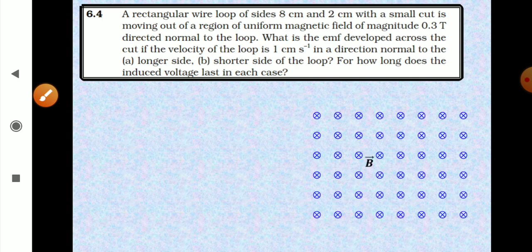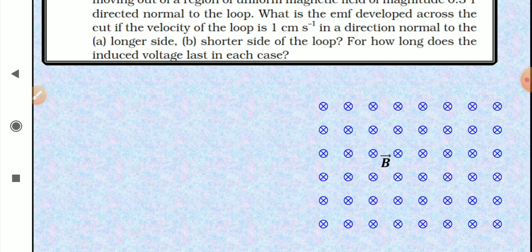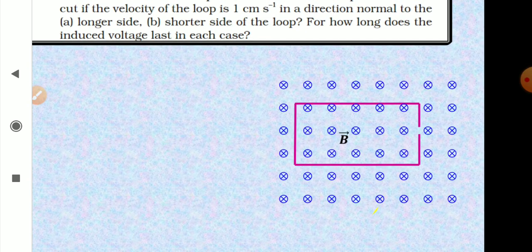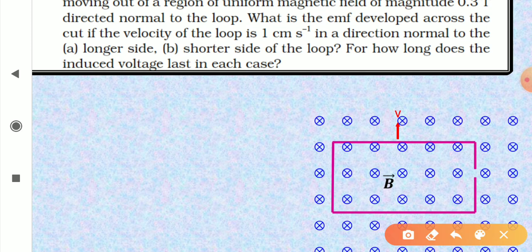So let us try to understand it this way. We have a uniform magnetic field directed normal to the plane of paper, and here we have a rectangular loop with a small cut. Sides are given as 8 cm and 2 cm, and let us look at the first case.